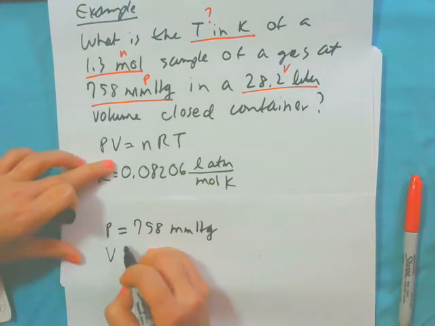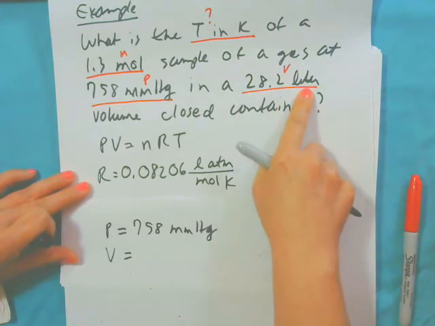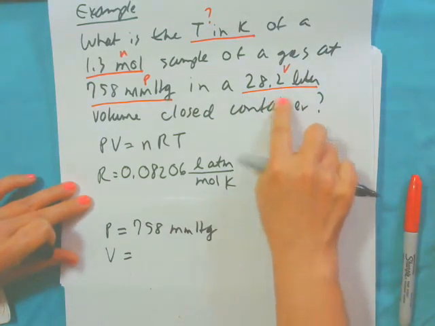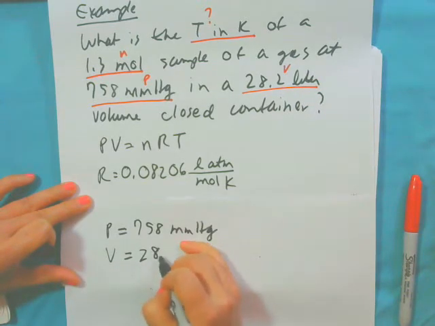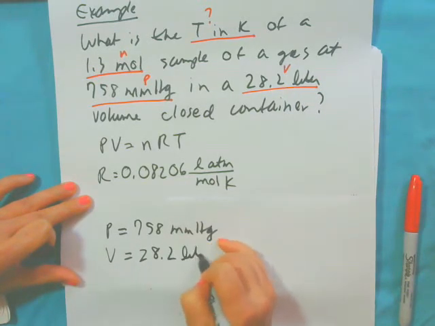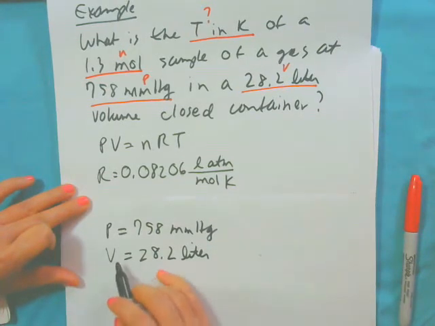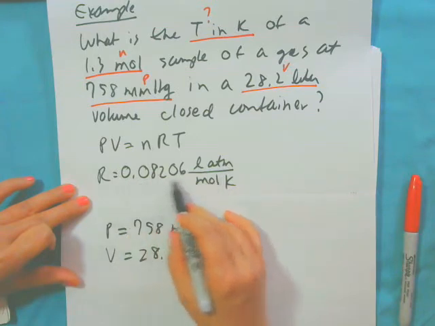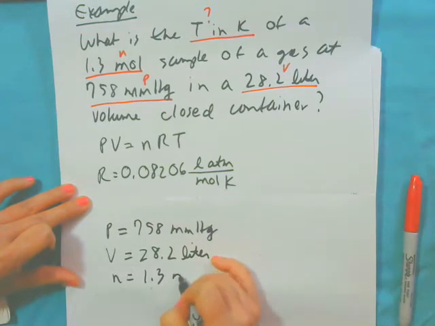All right, according to my equation, the next thing I need is V. I already pre-labeled that this is volume, and I know it's volume because it has units of volume. So you've got 28.2 liters of our gas. Now, we already wrote down what R is. I also have n, so n is equal to 1.3 moles.